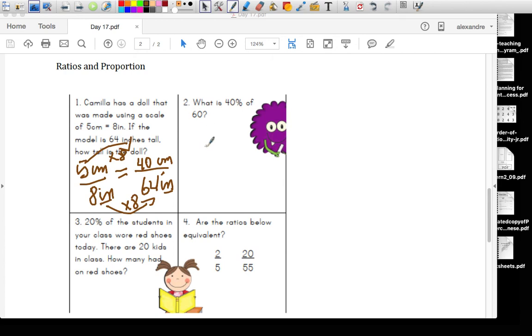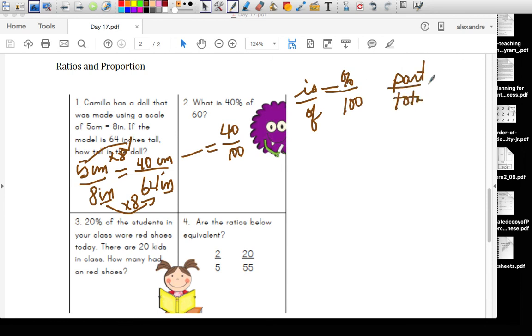What is 40% of 60? Well, let's use our percent proportion. 40%, percent always goes on top of the 100. 60 is the total in this case. Remember, you can go is over of, so you have two ways of thinking. You can write is and of, percent and 100, or you can write part, total, percent over 100.